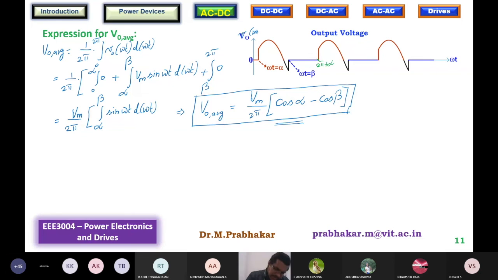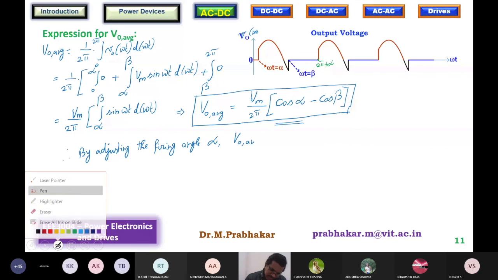We vary alpha. By adjusting alpha, beta you can't adjust because beta depends on the load parameter and the firing angle. So by adjusting the firing angle alpha, V0 average, or I will write variable DC voltage, is obtained at the output.